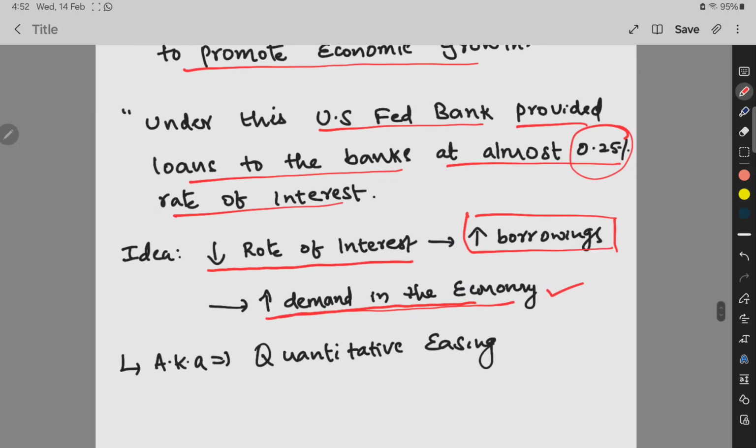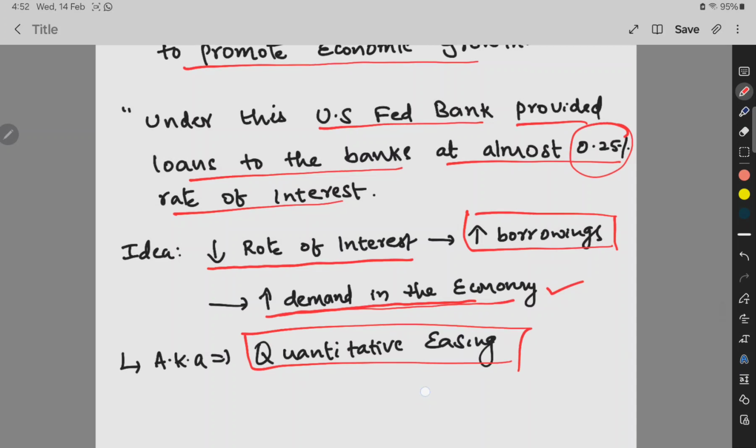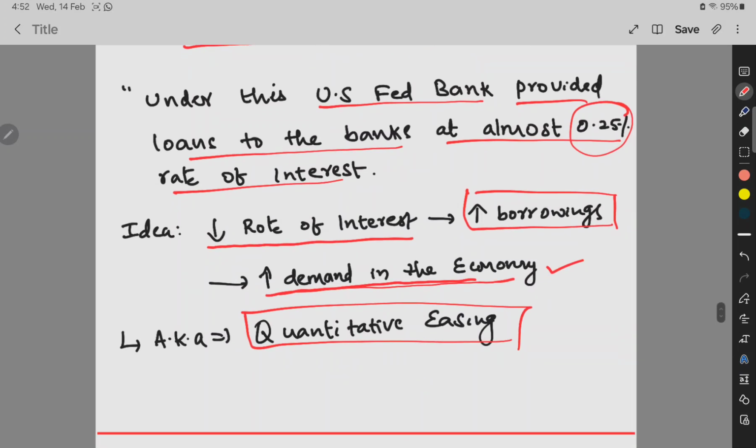This policy is also called quantitative easing. There is one more policy which is opposite to quantitative easing, called Fed tapering. The USA is following Fed tapering right now. What Fed tapering means, we will discuss in the next class.